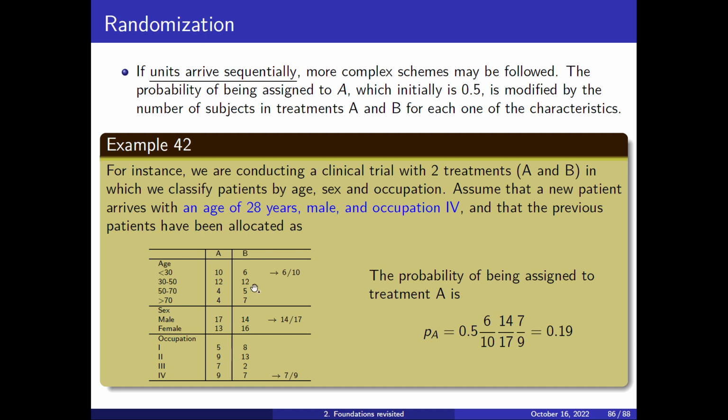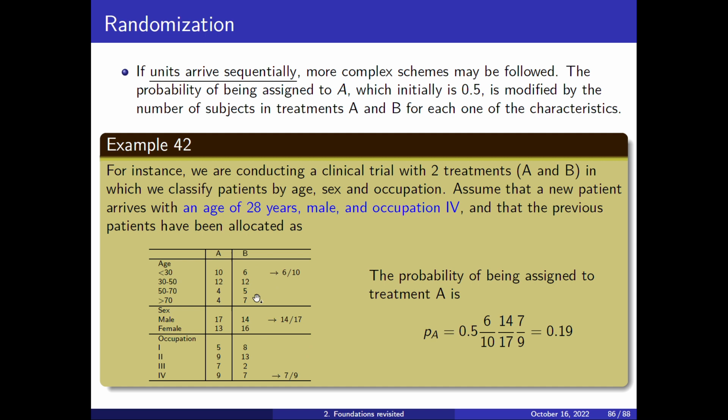So a clever way to try to balance is to multiply this 0.5 by the ratio between the group sizes of A and B. B is smaller than A, so this ratio will be smaller, so the total probability of finishing in A will be smaller.